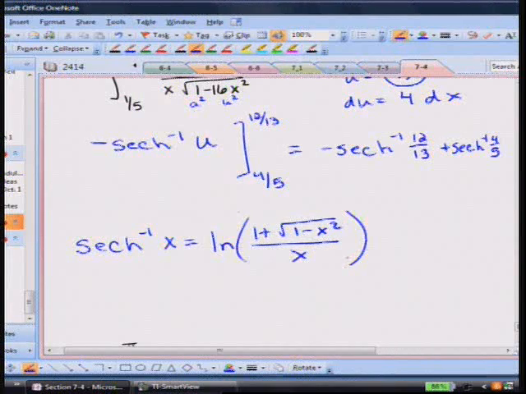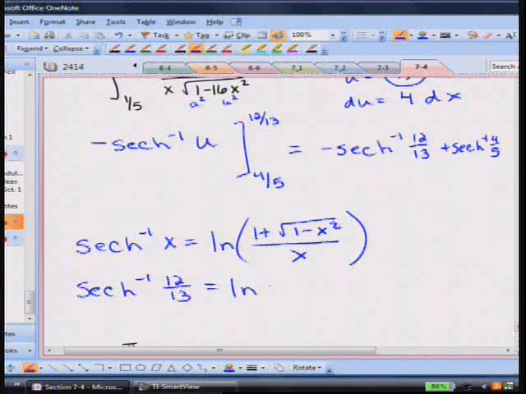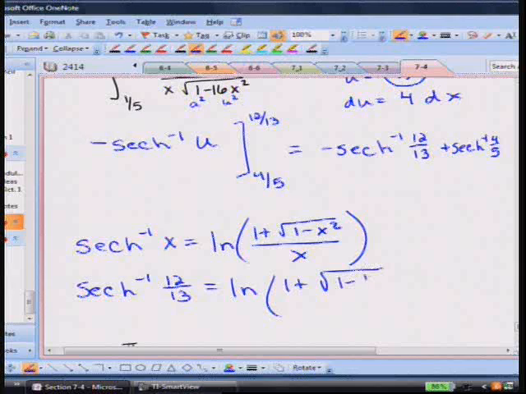So what you're going to have to do is plug in your x to get each piece there. So the inverse hyperbolic secant of 12/13, and then you're going to have a negative in a minute. It's going to be the ln of 1 plus the square root of 1 minus 12/13 squared over 12/13.